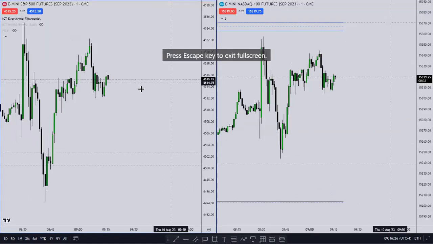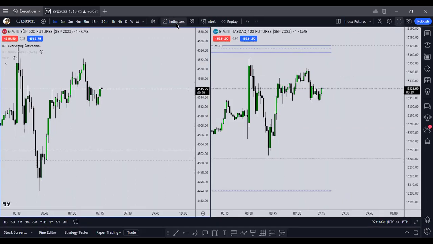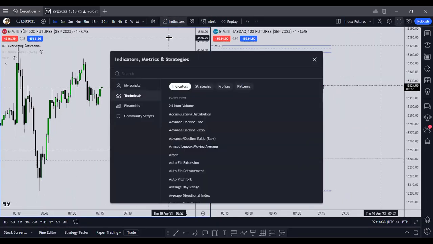I'll just set up my charts. First and foremost, the most important thing, that is my watermark.